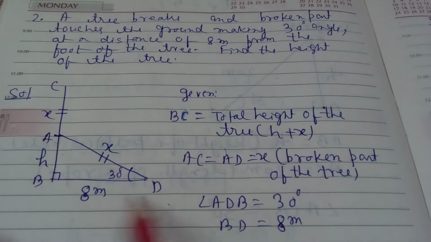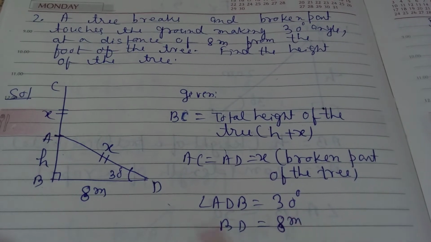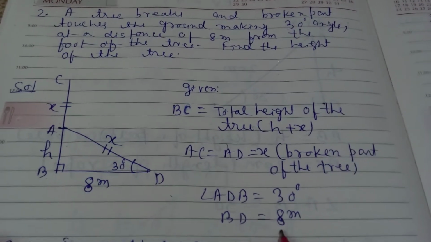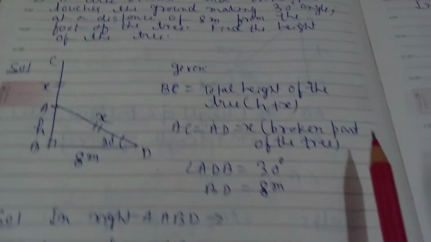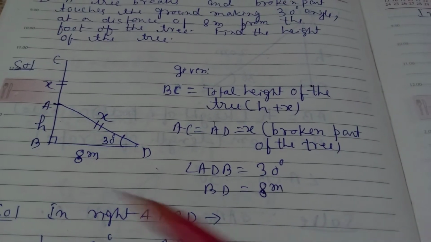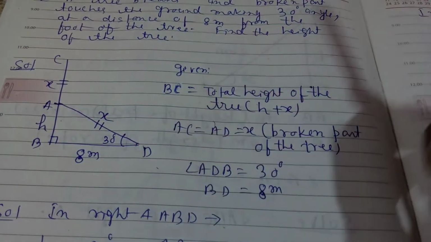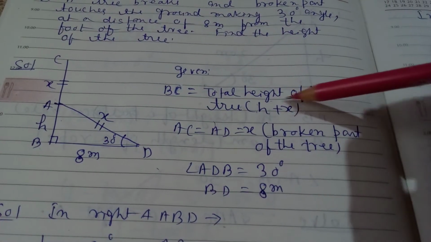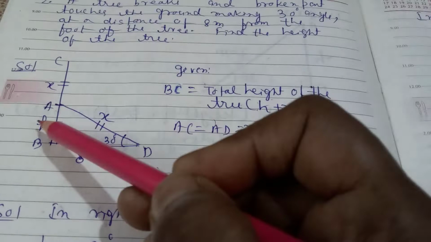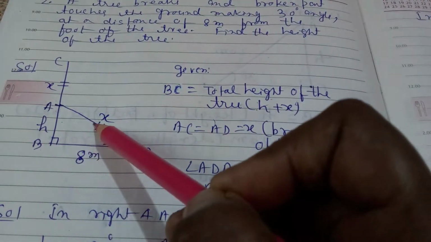Angle ADB is given 30 degrees, and BD equal to 8 meter. It is given. So the total height of the tree is H plus X. So H and X you have to determine.